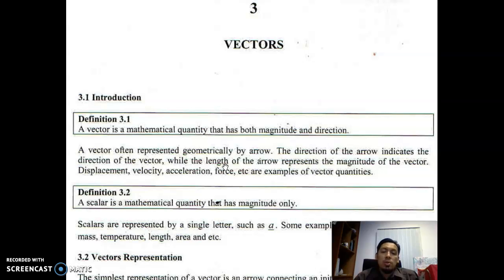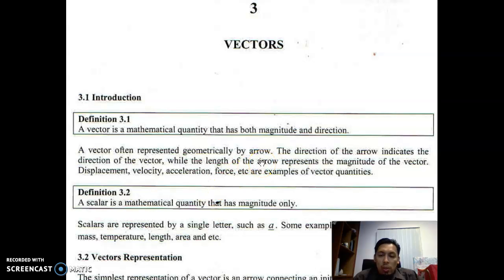magnitude and also direction. The other kind of mathematical quantity, or numbers, that only have a magnitude, or in other words a size, is called a scalar. In this kind of quantity, we don't have the ability to describe the number together with a direction, right?